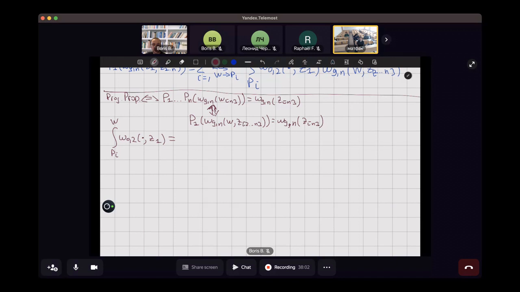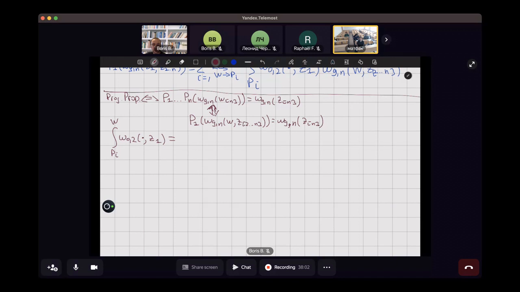Yes, I should write here that for this semester we have this. So what is it? It's something like 1 over z1 minus dot, from pi to w.